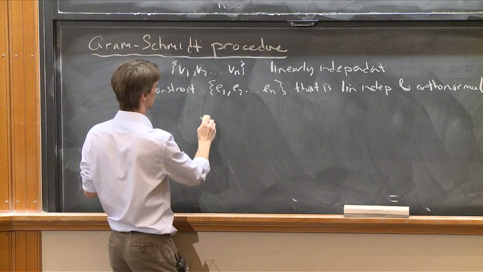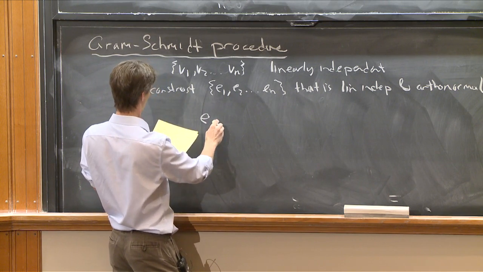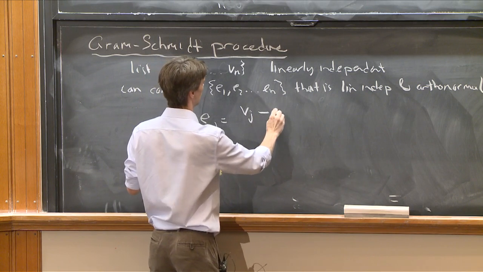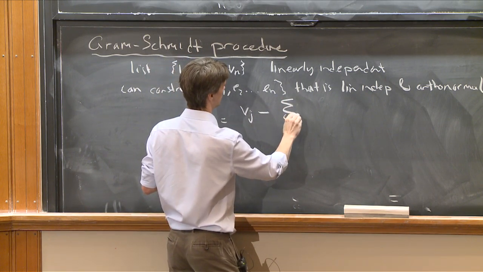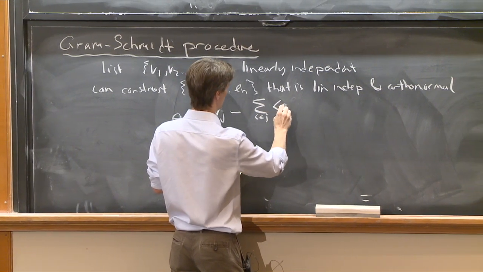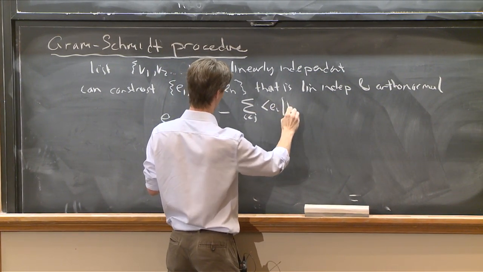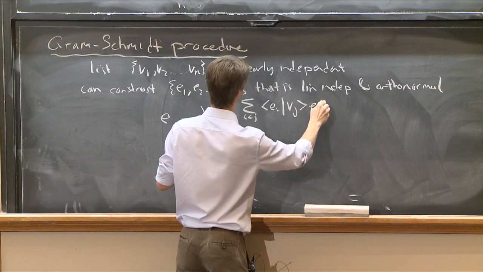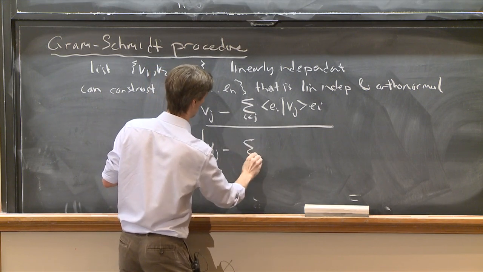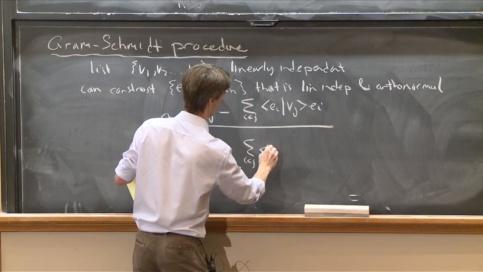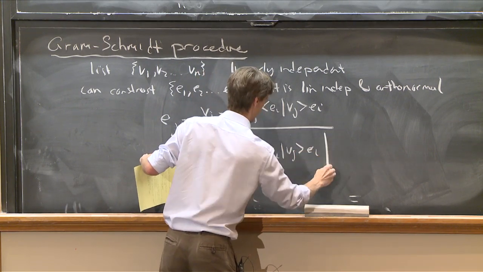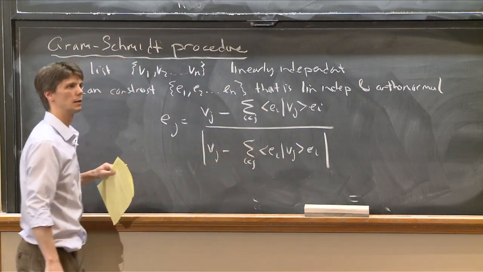You can write that Ej is equal to Vj minus the sum over i less than j of Ei times its inner product with Vj, and then this thing divided by its length, right?